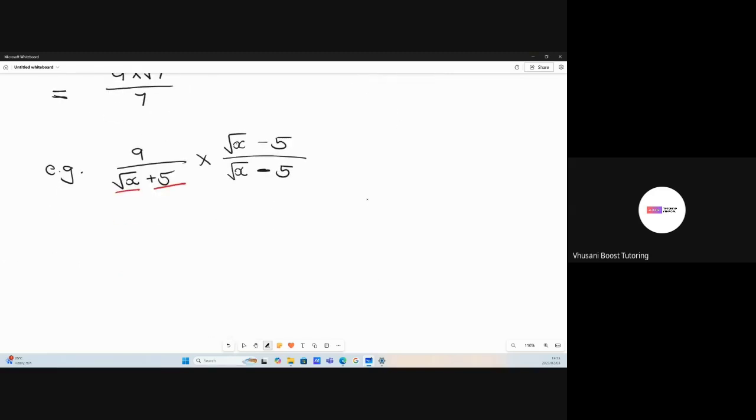So now the numerators will multiply with each other. We'll have 9 multiplied by the square root of x minus 5. And the denominators will also multiply with each other, right? I remember back in high school, I learned a little thing called FOIL, or foiling. The exact same thing, right?